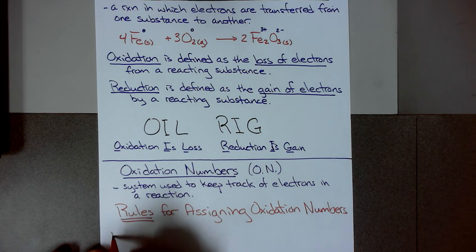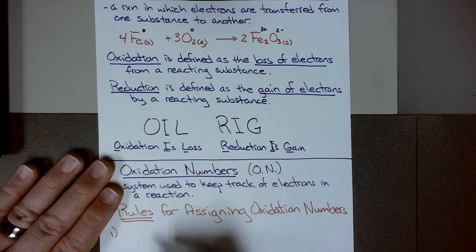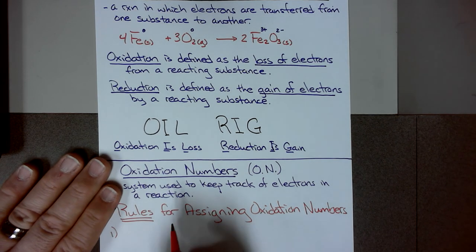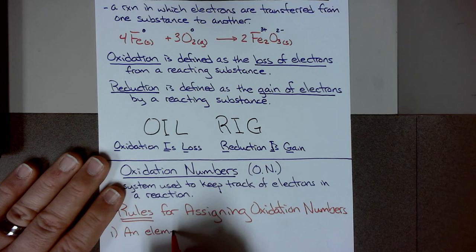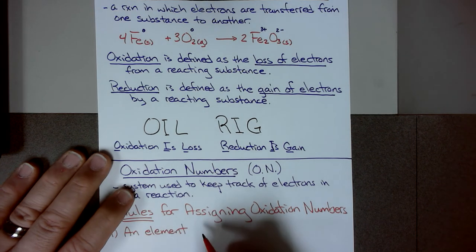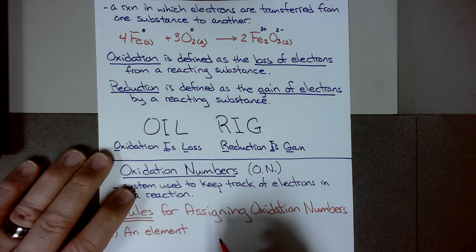Rule number 1. An element always has an oxidation number of 0.